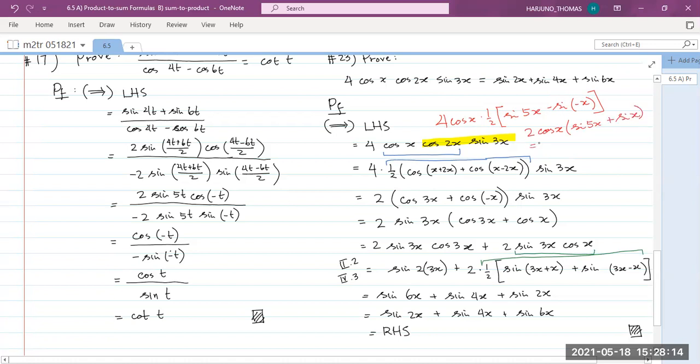And then you distribute. And this will give you 2 terms. But this is double angle formula, 2 sine x cosine x.